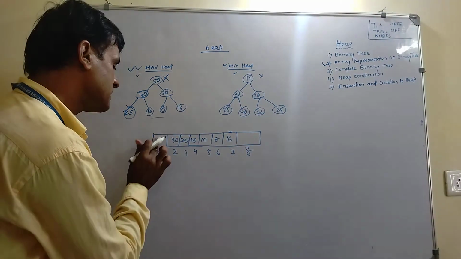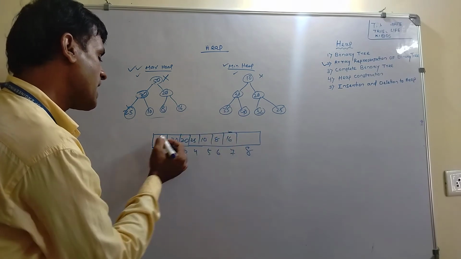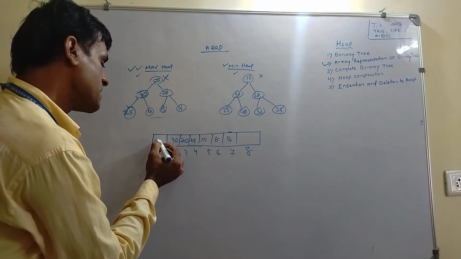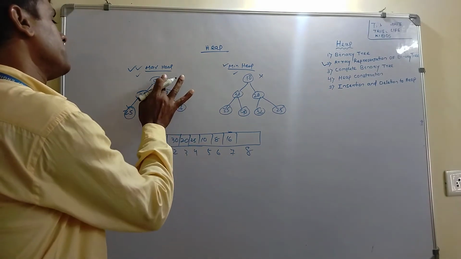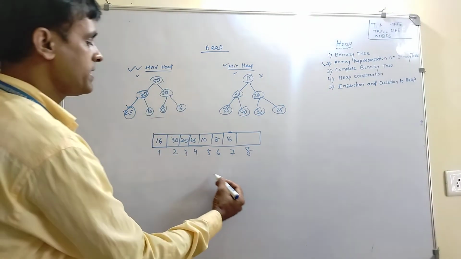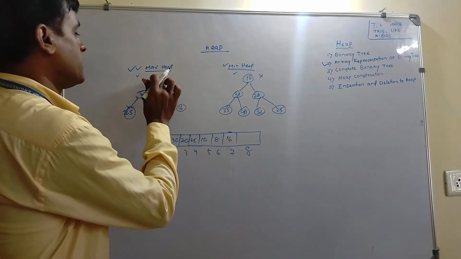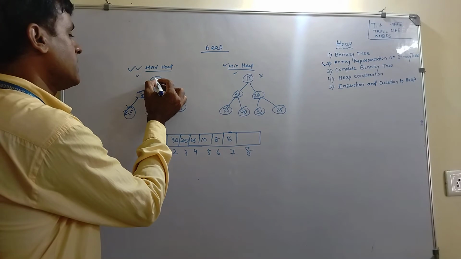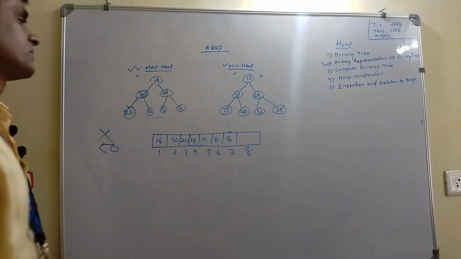Deleting this 50, you replace it with 16. That means this 50 will be represented by 16, and 50 we have deleted.